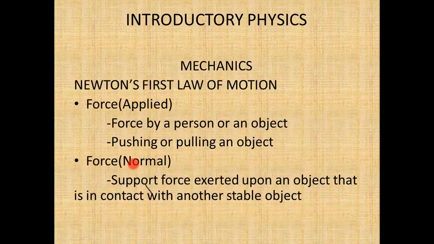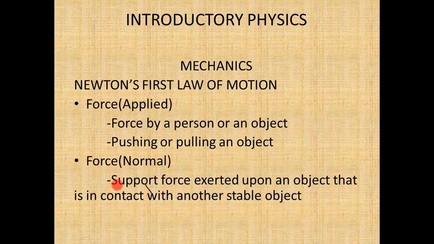And then we have normal force. When we talk about normal force, it is a support force exerted upon an object that is in contact with another stable object. So if you have a book on the tabletop, then the book is going to be pulled downwards on the tabletop by the force of gravity.